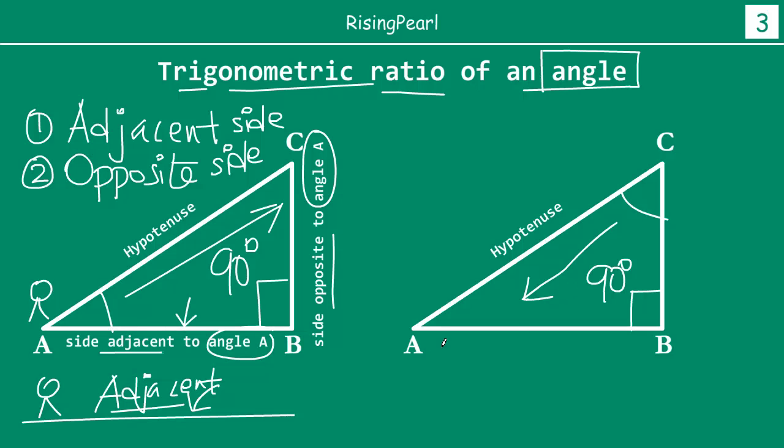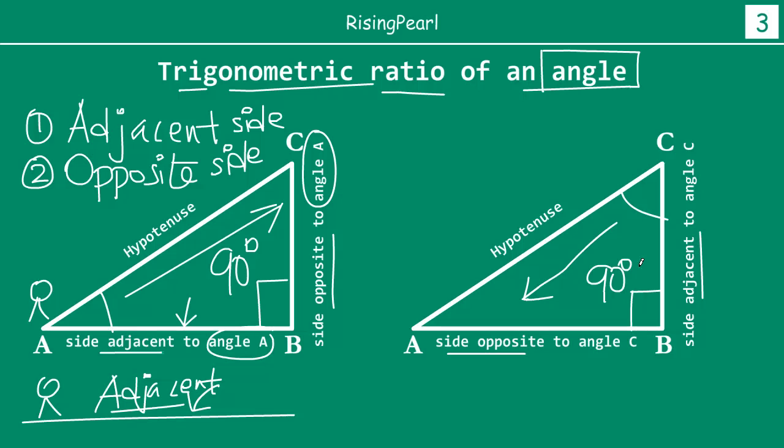So then this becomes the side opposite to you. For angle C, AB is the side opposite to you, and the side which is right next to you, where you are standing, is the side BC, right? So in that case, we are going to write that the opposite side to angle C is AB and the adjacent side is BC.